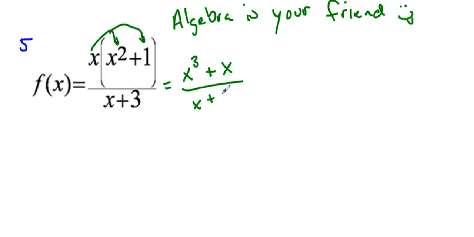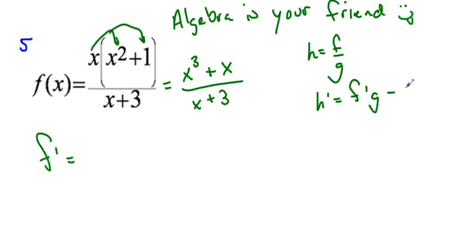Now, once we have this right here, we're going to take and find our derivative. And now, yes, I'm going to use the quotient rule. The quotient rule, once again, states that whenever we have h over f and g, so two functions, to find the derivative, we're going to take the derivative of the top times the bottom minus the derivative of the bottom times the top all over the bottom squared.